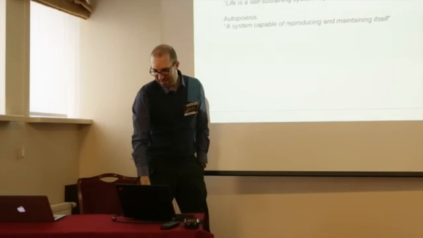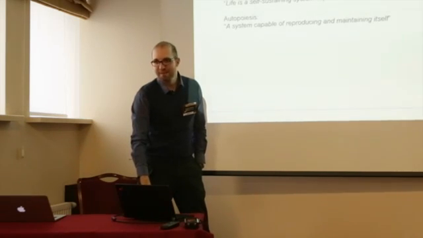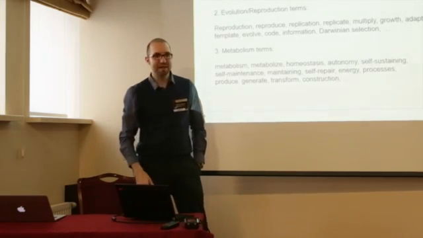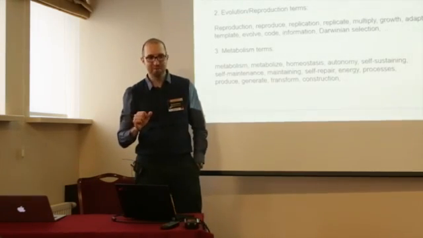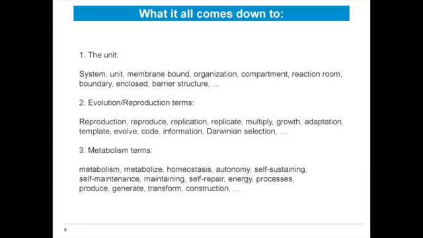And if we look at virtually any definition of life, we'll find it usually comes down to three things. There is the unit, which is a system, a membrane-bound structure, an organizational form, a confined reaction room, barrier-enclosed structure, whatever you might call it.